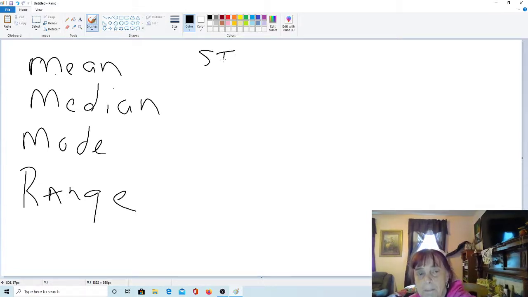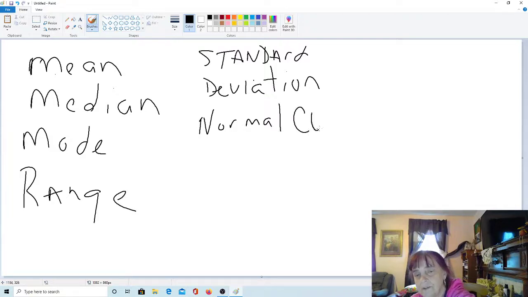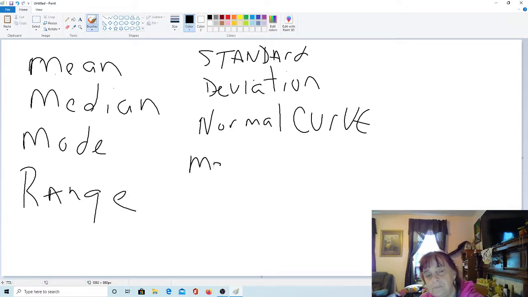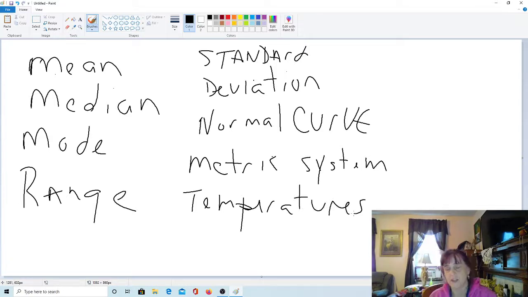Your standard deviation, the normal curve, the metric system, temperatures, and dimensional analysis.